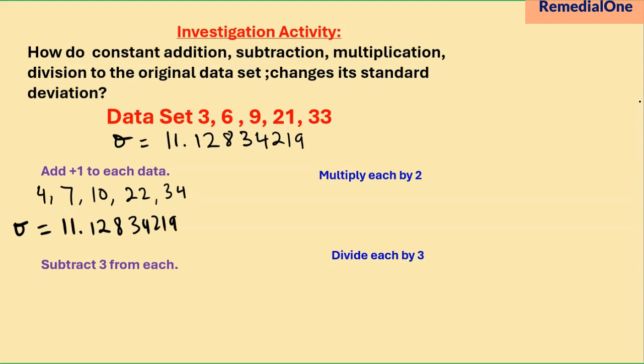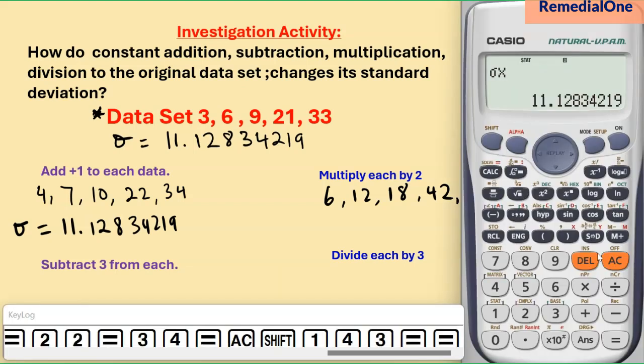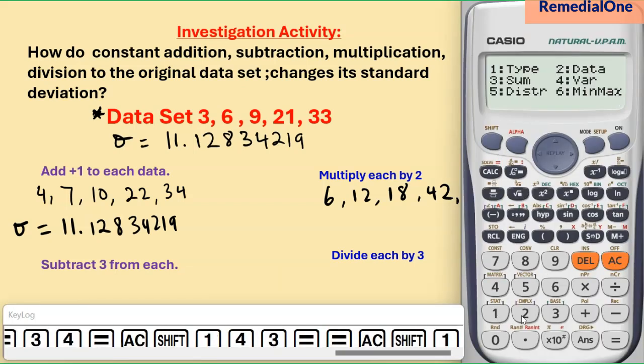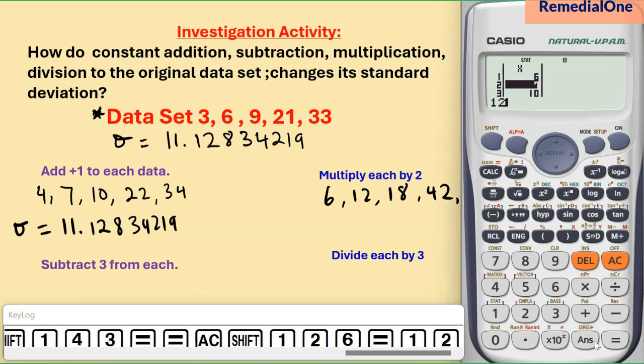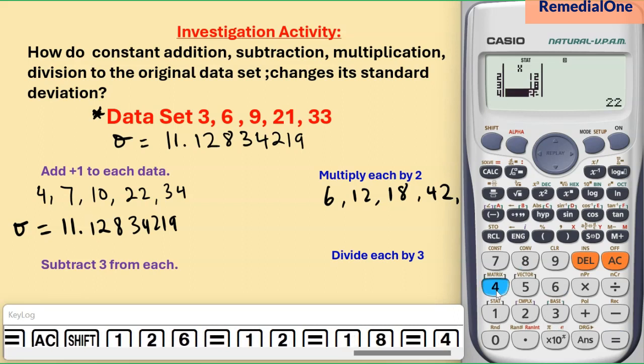Let's multiply each of the numbers by 2. We are multiplying each of the original numbers by 2. So it's going to be 6, 12, 18, 42, 66. Now let's bring back our calculator and calculate the standard deviation. Option 2. You're going to enter this one: 6, 12, 18, 42, 66.